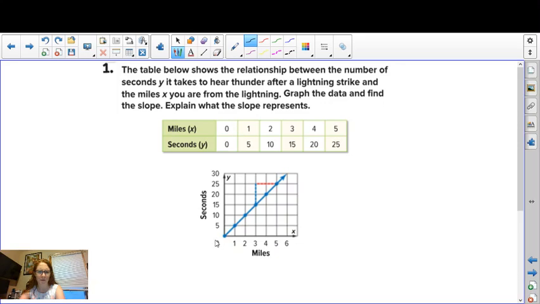But we would start with 0, 0. Then we'd go over 1 and up 5. Then over 2 and up 10. Then over 3, then up 15, and so on and so forth. So I understand it's already graphed for us. Don't worry, you can do all the graphing on your homework.